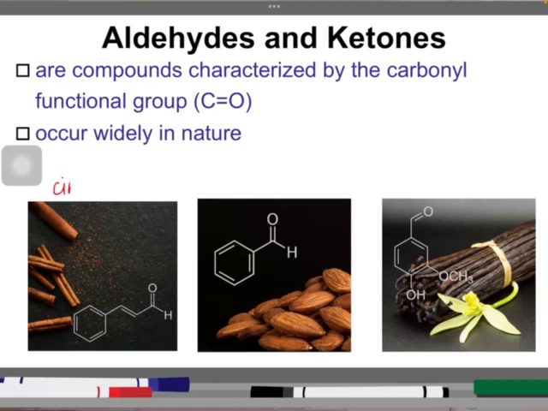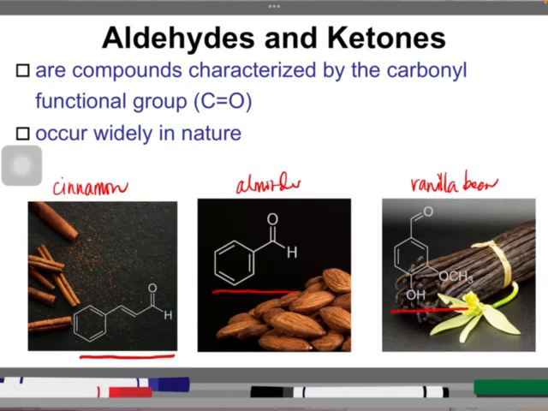This one is almond. And you have your vanilla bean. In each of these plant materials, there are aldehydes. You can see the structure here. This one is called cinnamaldehyde. This one is a benzaldehyde, and this one is your vanillin. Okay?